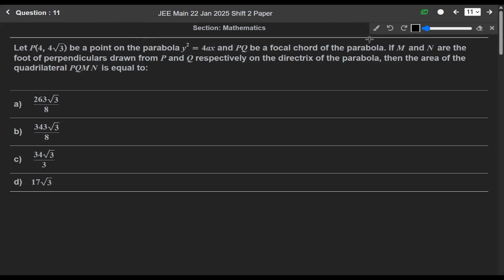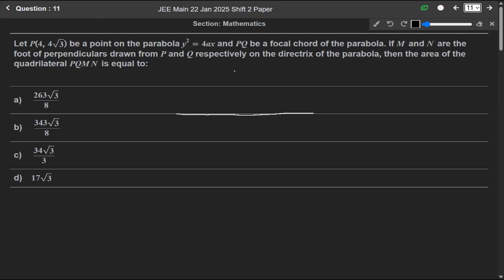So we are given that (4, 4 root 3) is a point on the parabola y square equals 4ax. Let us say this is the point P, (4, 4 root 3), and PQ is a focal chord of the parabola.